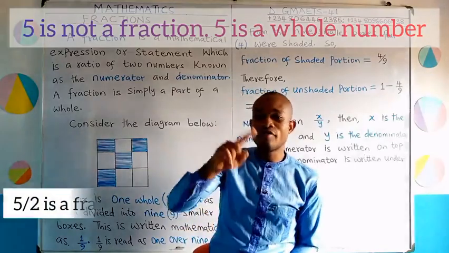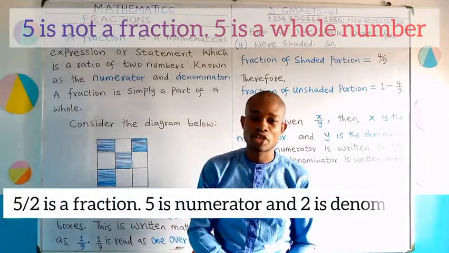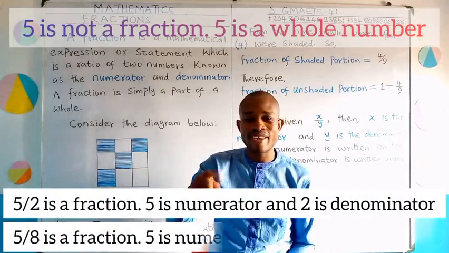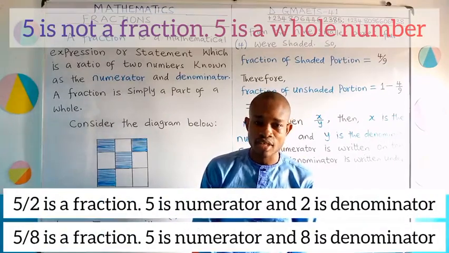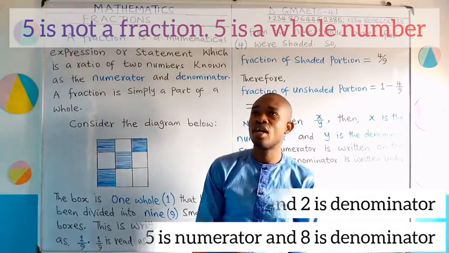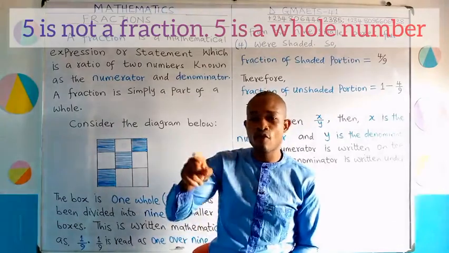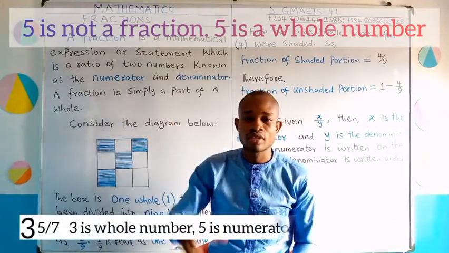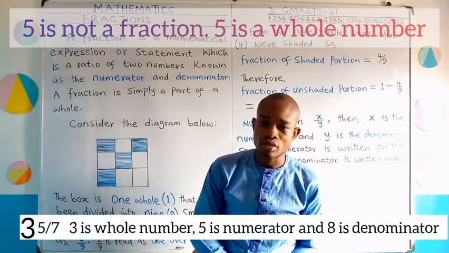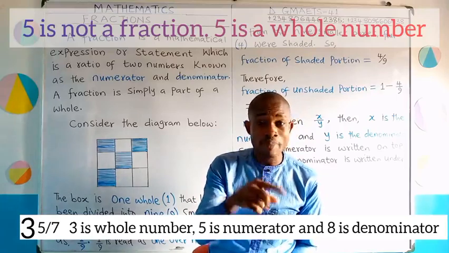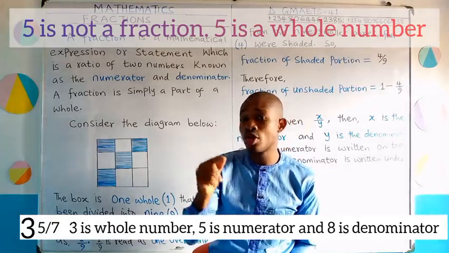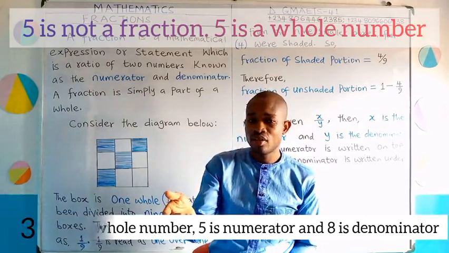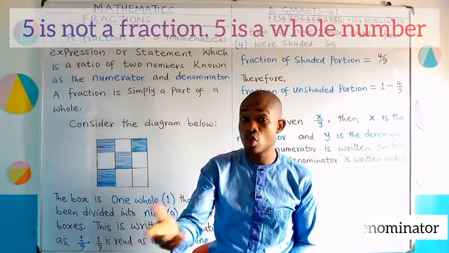What if I have 5 divided by 2? It becomes a fraction. What if I have 5 divided by 8? It becomes a fraction. Are you getting? What if I have something like a 3 whole number, 5 over 7? It becomes a fraction. So normally a whole number is not a fraction. But when you divide that whole number by something, then you have changed it to fraction.